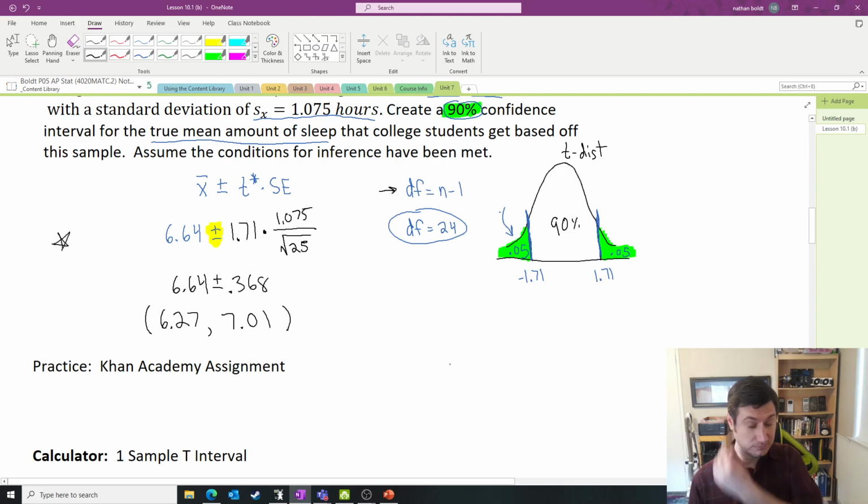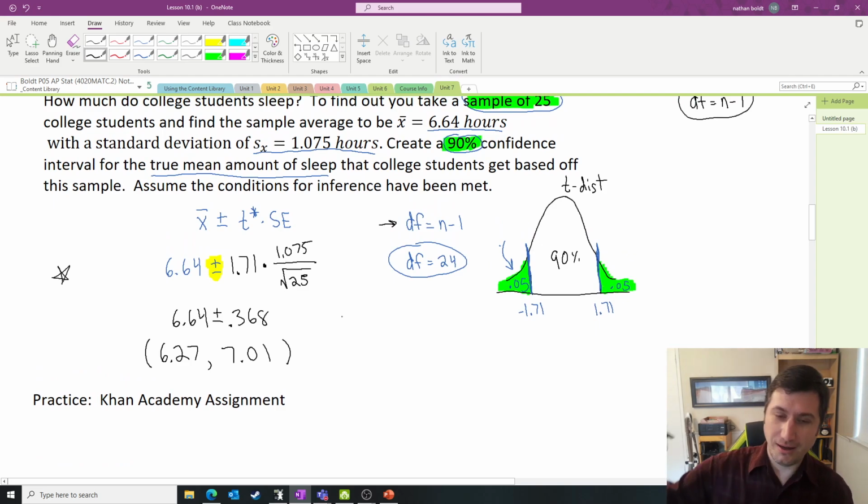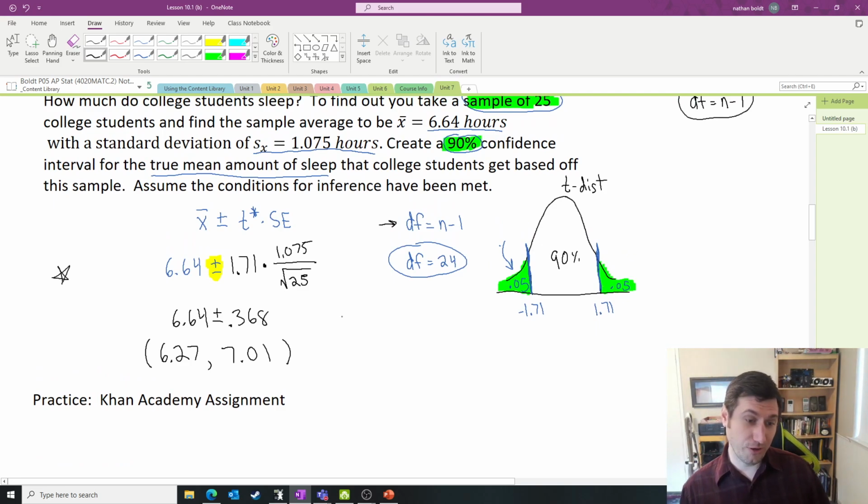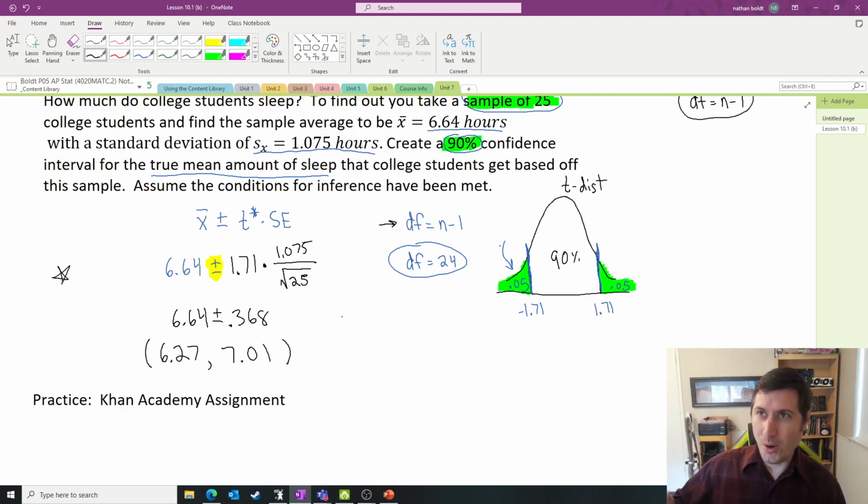So we all know the sentence, right? I am 90% confident the interval from 6.27 to 7.01 captures the true mean. All right, not proportion anymore, right? Not proportion.